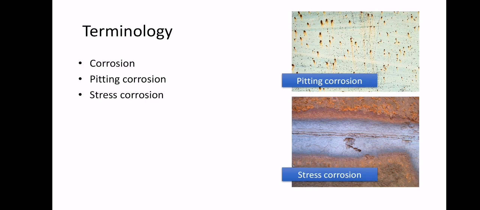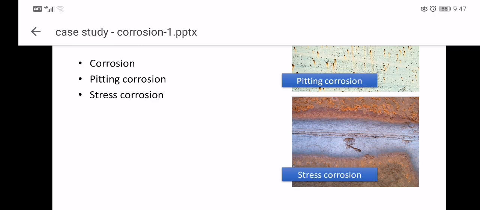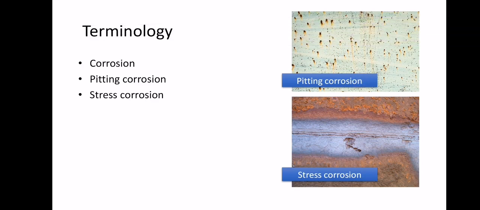Heat generates stresses. So we have this cold area here and a very hot area here. This causes not compression, sorry, tensile stress here. So that's why we see some corrosion product here and here. So we need to know these three things: corrosion, pitting corrosion, and stress corrosion. And hopefully we'll start now.